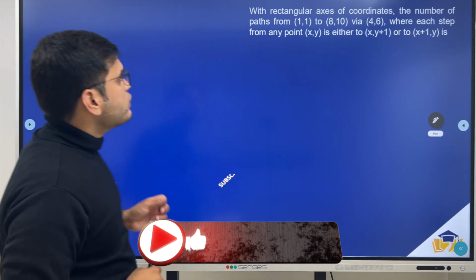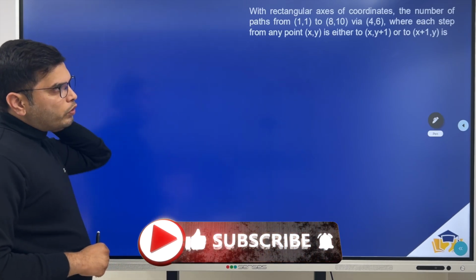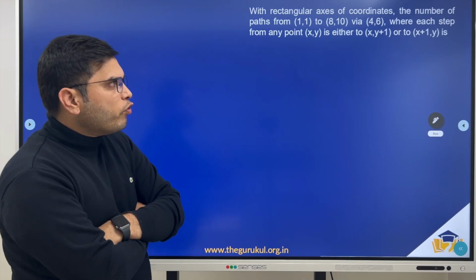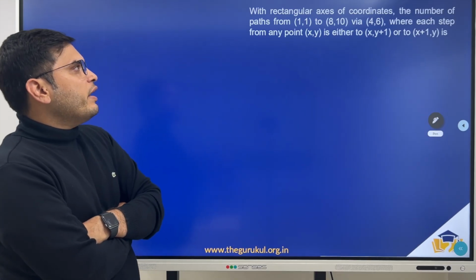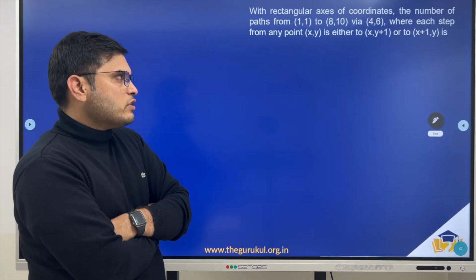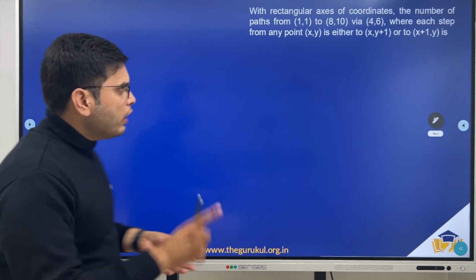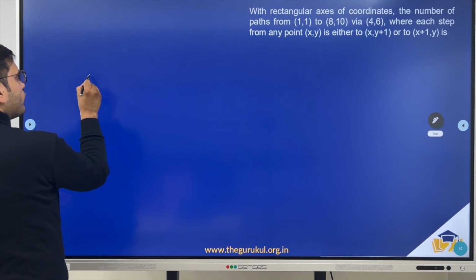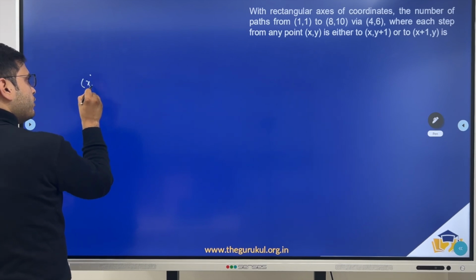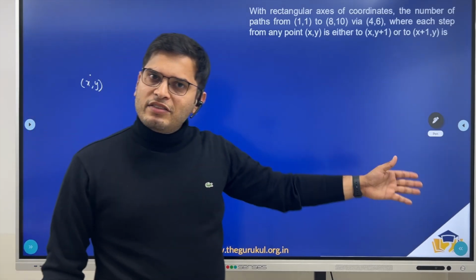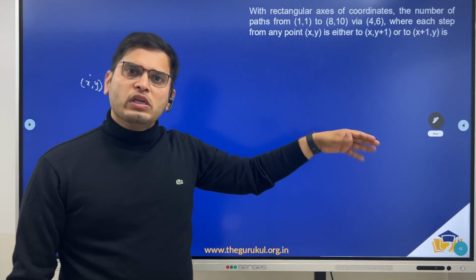Now coming to the first question: with rectangular axis of coordinates, the number of paths from 1, 1 to 8, 10 via 4, 6, where each step from any point is either to x, y plus 1 or to x plus 1, y. Now let's understand this question. You are initially at x, y. You can move along the x axis or y axis, horizontal or vertical.